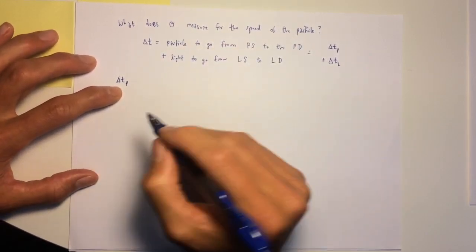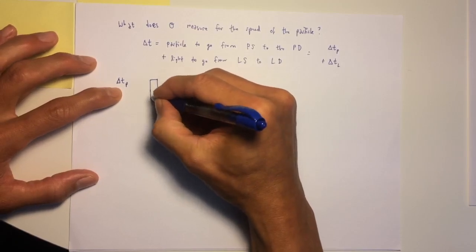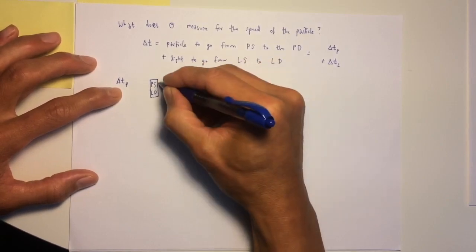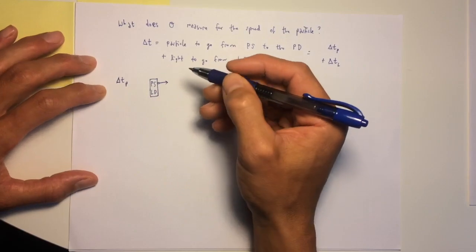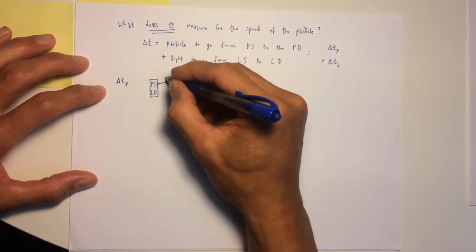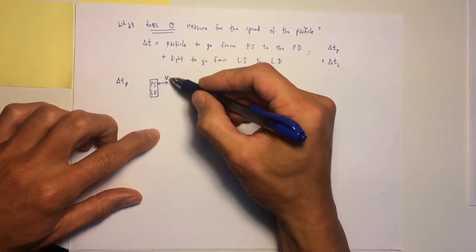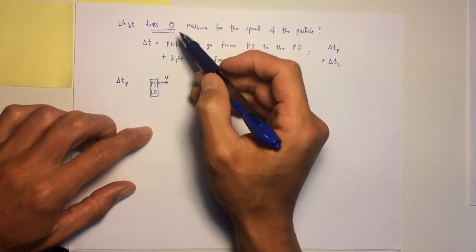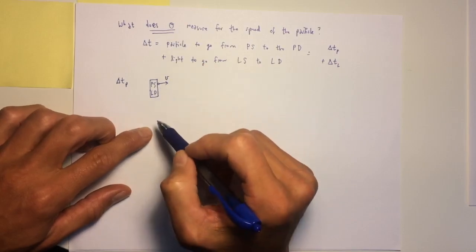So let's think about this. The particle starts from the particle source, light detector. So here's the particle starting its trip, and according to O, not O prime, it's going to have a velocity v. And this is the velocity v relative to O, so this is the velocity that O would report for the particle.